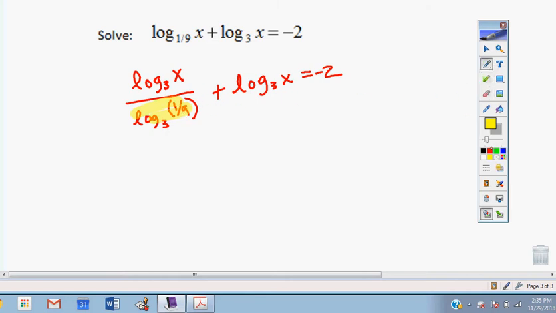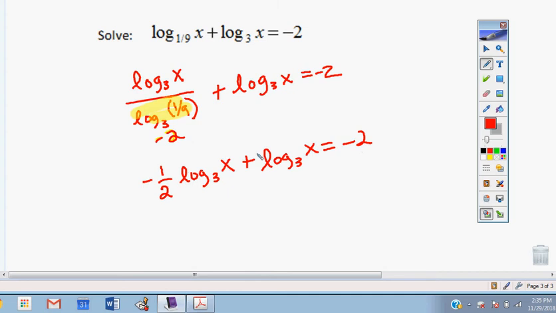And hopefully we're getting better at that, but that would be, oops, did not mean to have yellow there, sorry. That'd be -2. So again, what do we have? We've got -1/2 log base 3 of x plus log base 3 of x equals -2.